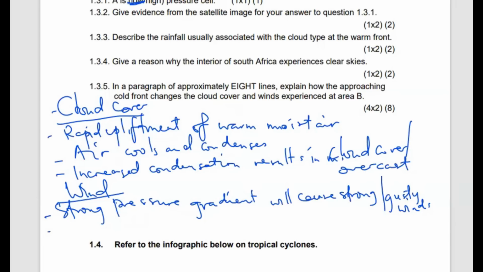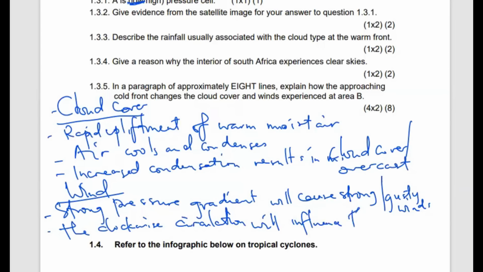Then another point, we can also say, strong pressure gradient will cause strong or gust winds. There will be a strong pressure gradient there.